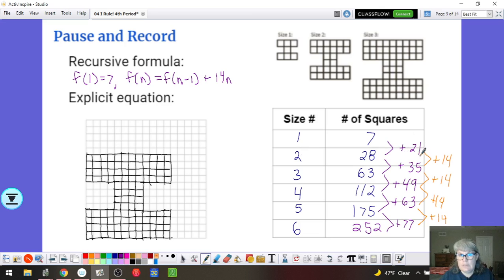So the difference between 28 and 21 is 7. So I'm actually taking away 7 to get what my total is. If I try this with 3 times 14 is 42. Subtract the 7 and I will get the 35. So this is the linear rate of change.